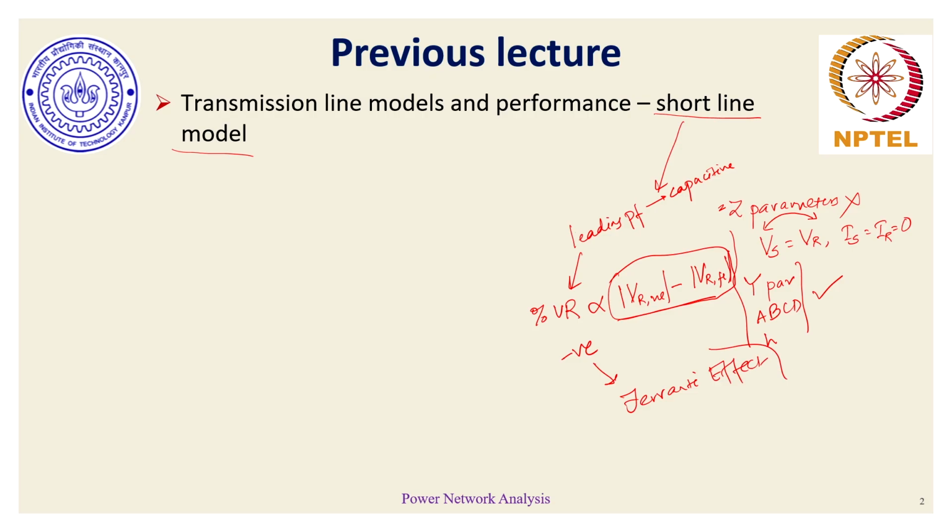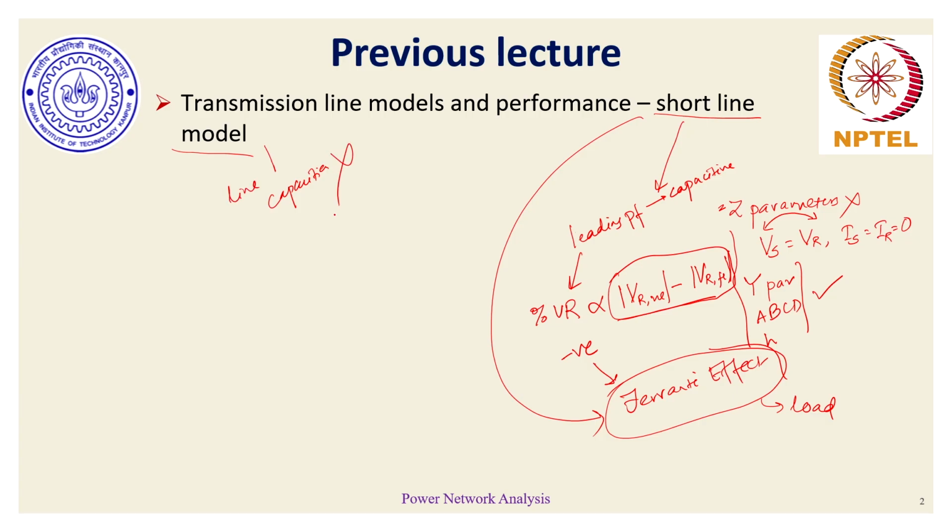I probably made a mistake in the previous lecture stating that the short line model never ever encounters the Ferranti effect. It was not entirely incorrect, but not fully correct also. The correct aspect which is true for the short line model is that it can also experience the Ferranti effect, and it is probably due to the nature of the load which is being served by the short line model. The short line model as such in itself doesn't have any capacitive modeling considered. So the capacitance aspect is neglected, especially the line capacitance is not considered.